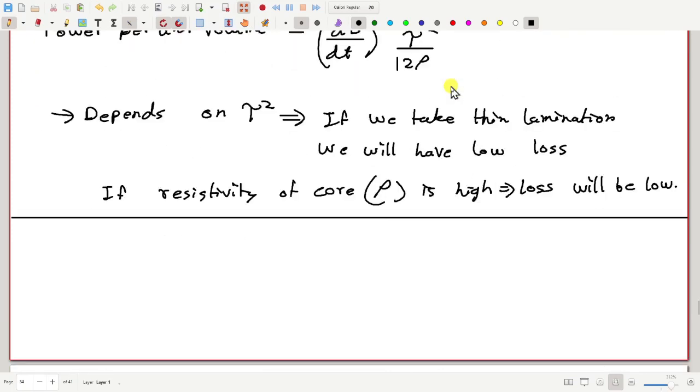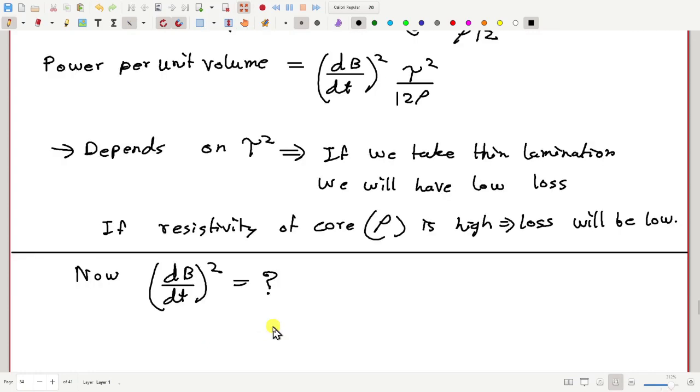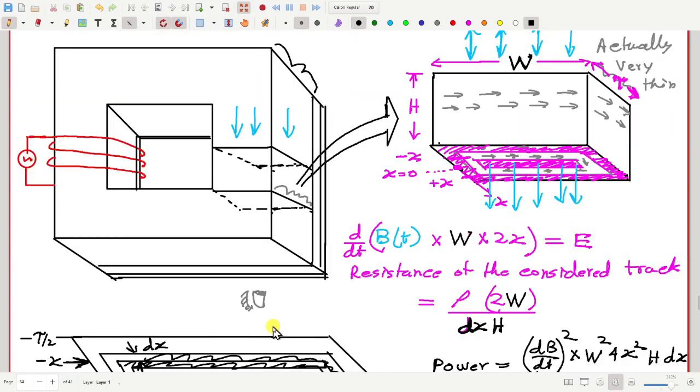Now let me finish this further. So now dB/dt whole square is how much? Suppose this voltage is sinusoidal, and therefore the current is also sinusoidal, and suppose for that the flux density is also sinusoidal.